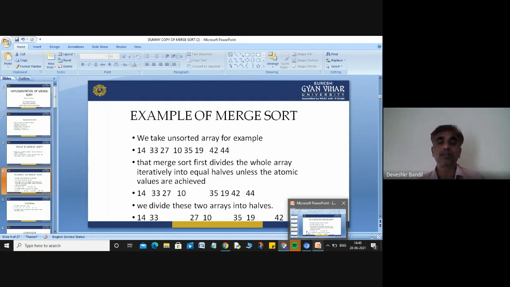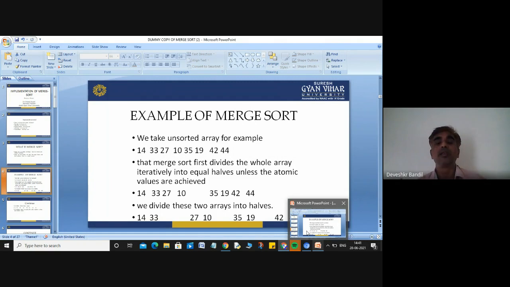After that, we divide these two arrays into halves. As I already told, we divide the whole array iteratively into equal halves until atomic values, that is single values, are achieved.